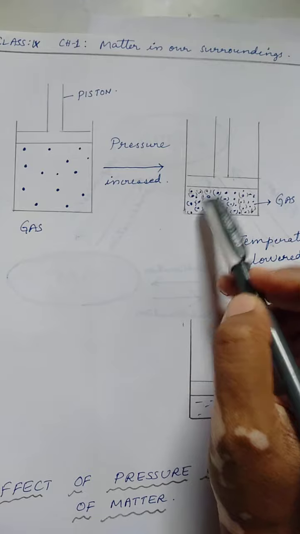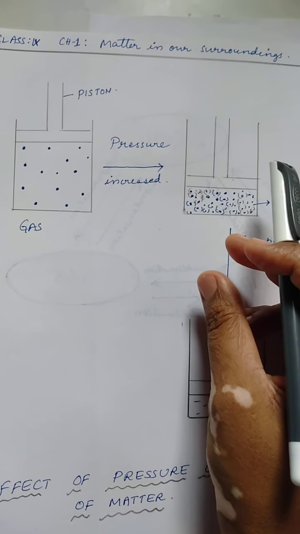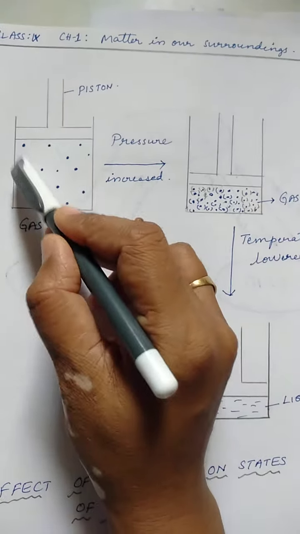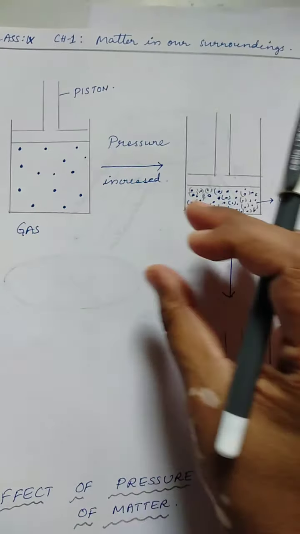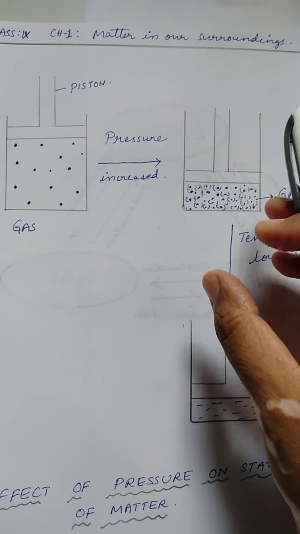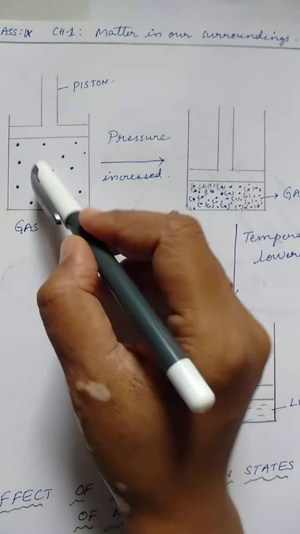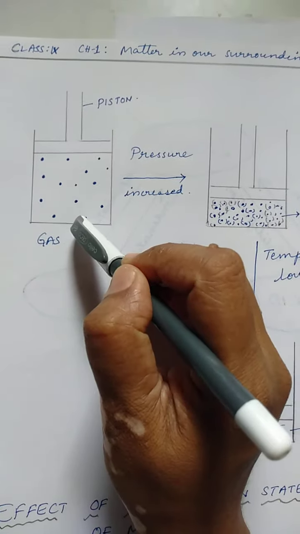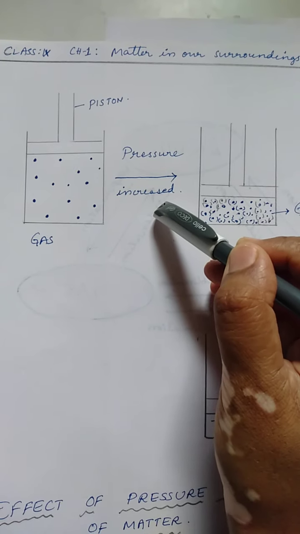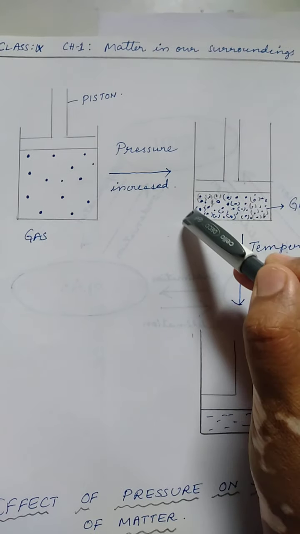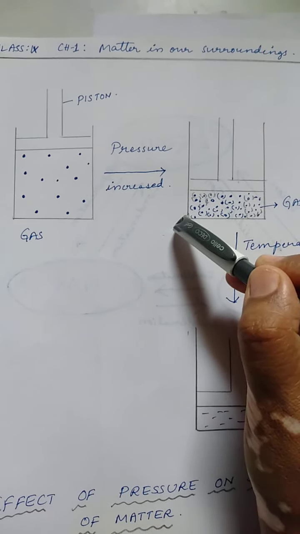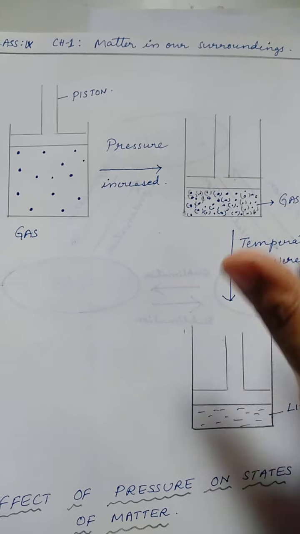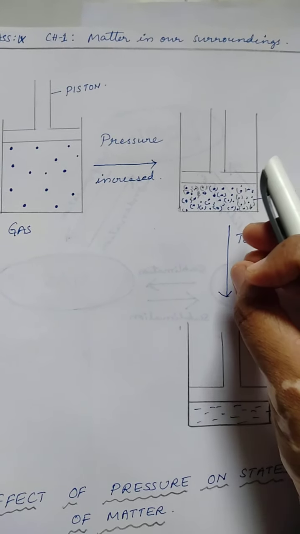It gets compressed to a small volume, and the molecules in the gas are forced to come closer. In a gas, as you know, the molecules are very far from each other, but when the pressure is increased, as the volume is decreased, the molecules are forced to come closer.